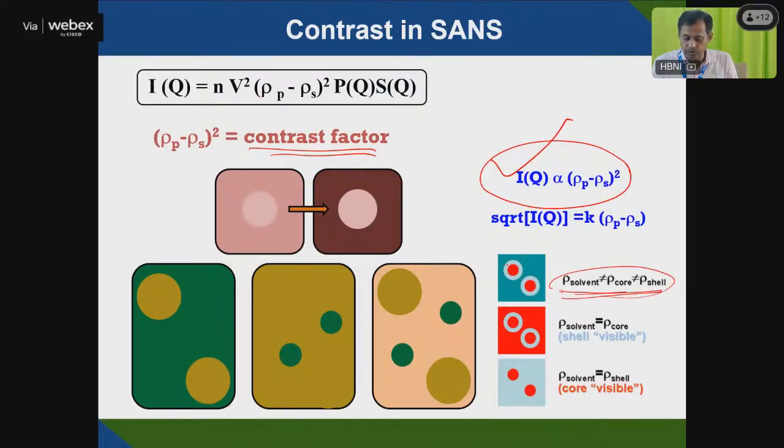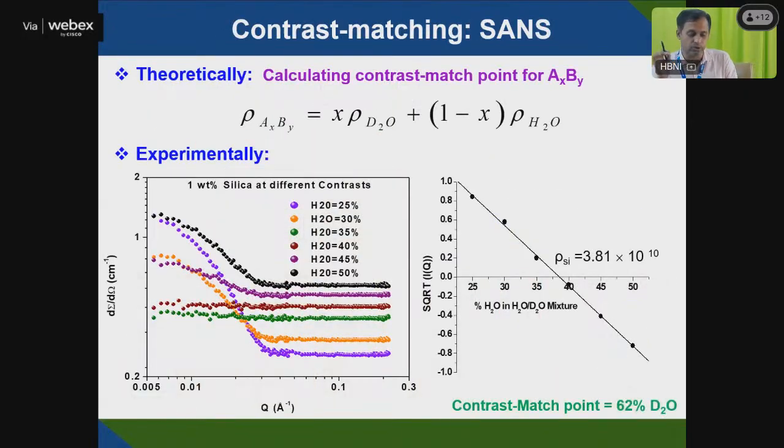Then you are able to see the core, the cell and the solvent, everything. If solvent and core are the same, only the red color you are seeing, so the core and cell is only visible. The third one, the solvent and cell are the same, so you are not able to see the cell, only the core. So by varying this, the whole thing will depend upon how the H/D ratio varies.